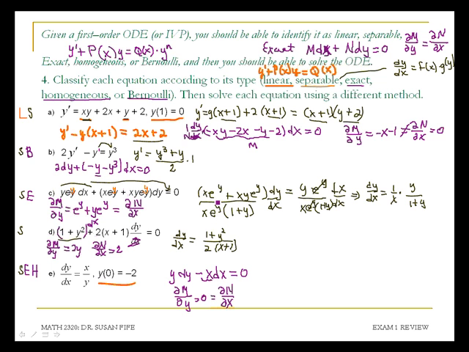Let's see, on C, it's not Bernoulli because we have this function of, well, actually that e to the y cancels out, doesn't it? So once we cancel out the e to the y, we're left with this.